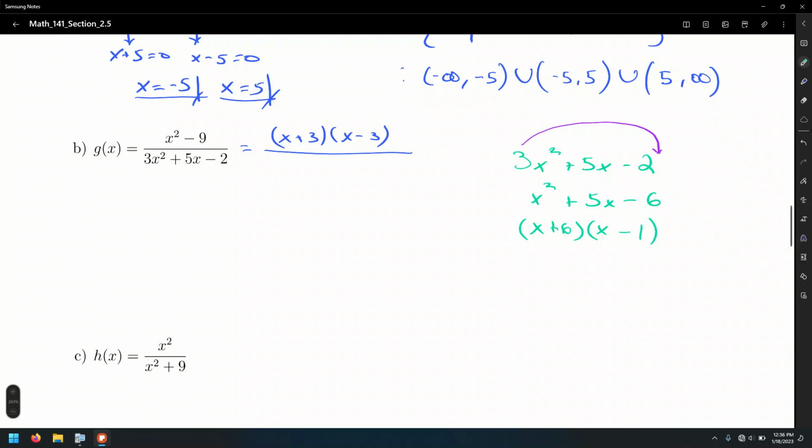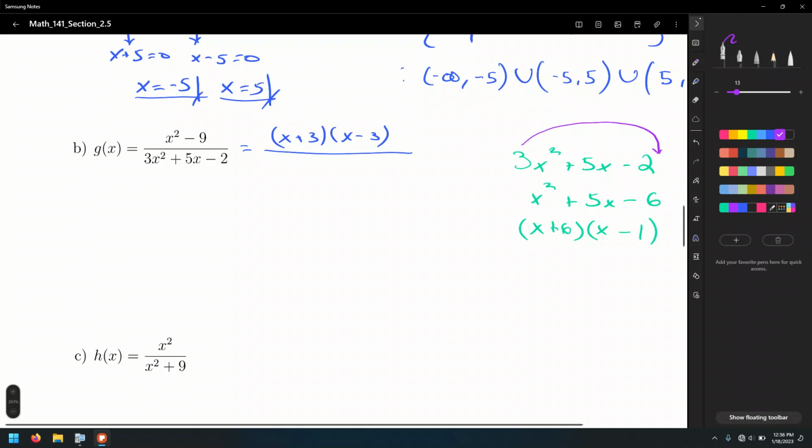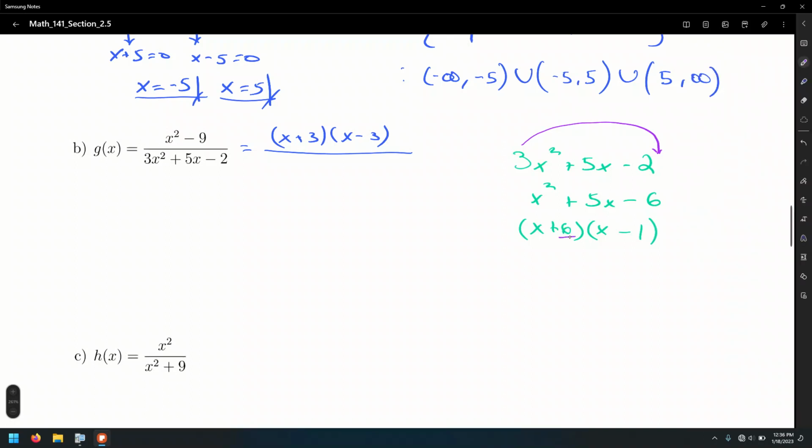So here is the thing. At the beginning of the problem, we multiplied by 3. We need to undo this operation so we are still even with the expression. Let's divide by 3 in this case.